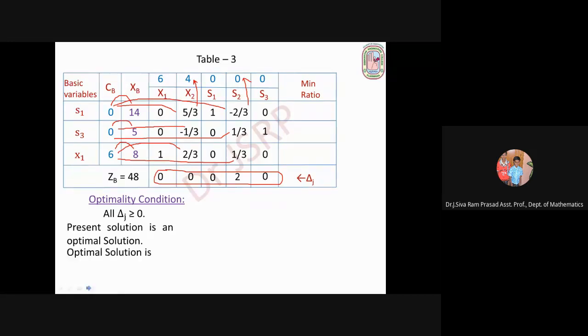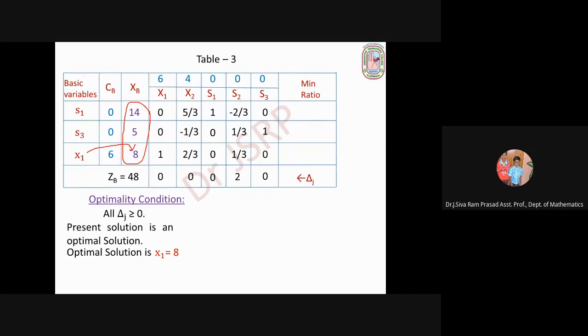So the optimal solution is: we have to write the decision variables. So we have only two decision variables, x1 and x2. First x1. So here x1 equal 8. So this is the solution. Another decision variable is x2.